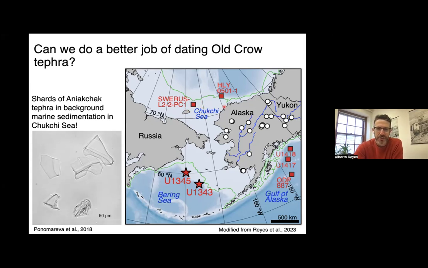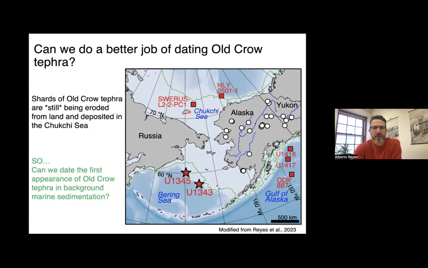And it's not just shards of Aniakchak tephra that were still being deposited in the Chukchi Sea, but also Old Crow tephra. This map shows the distribution of Old Crow tephra sites in Yukon and Alaska.